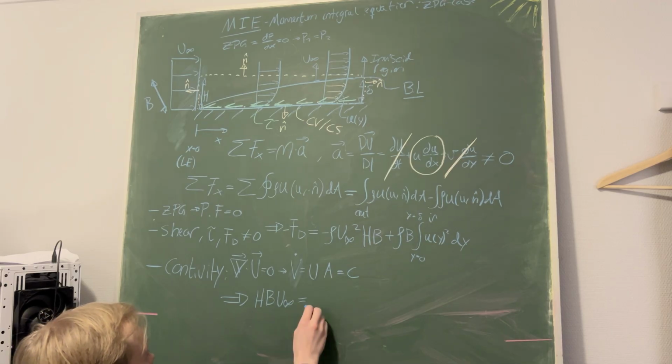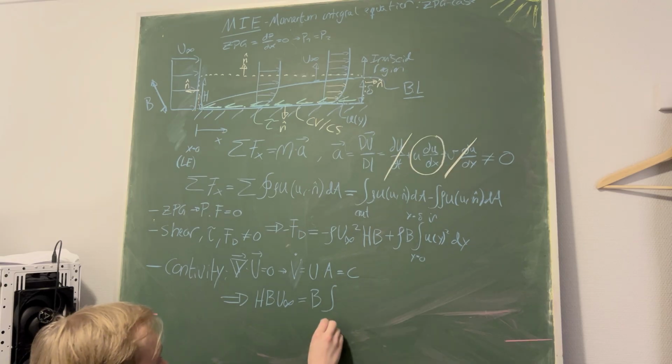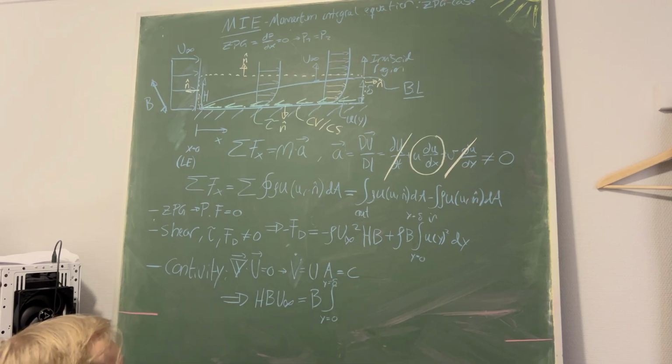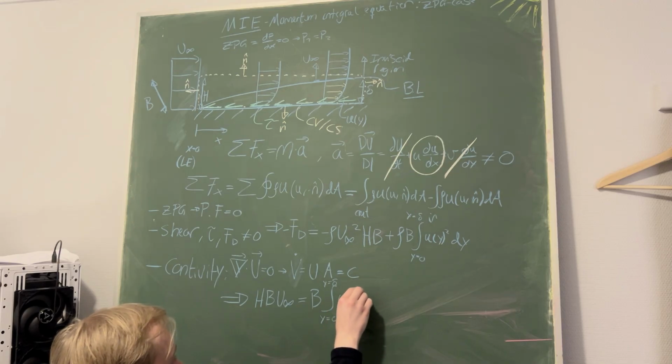So we still have b, the same boundaries from y equal to 0 to y equal to delta, our boundary layer thickness, and then we have u of y dy.